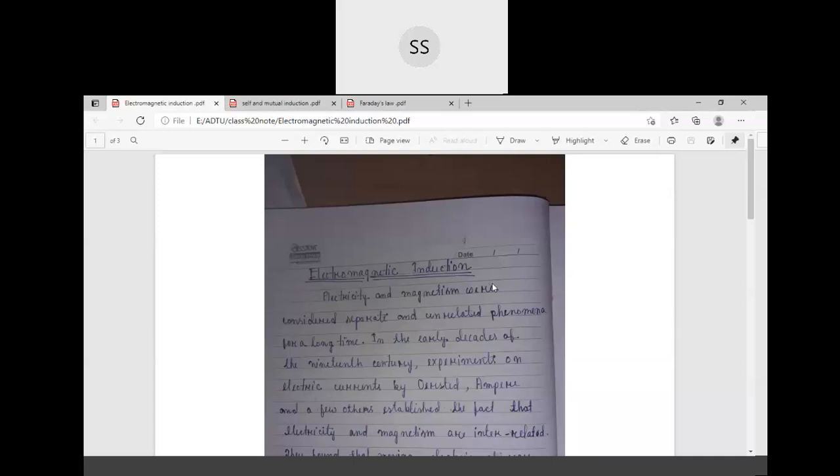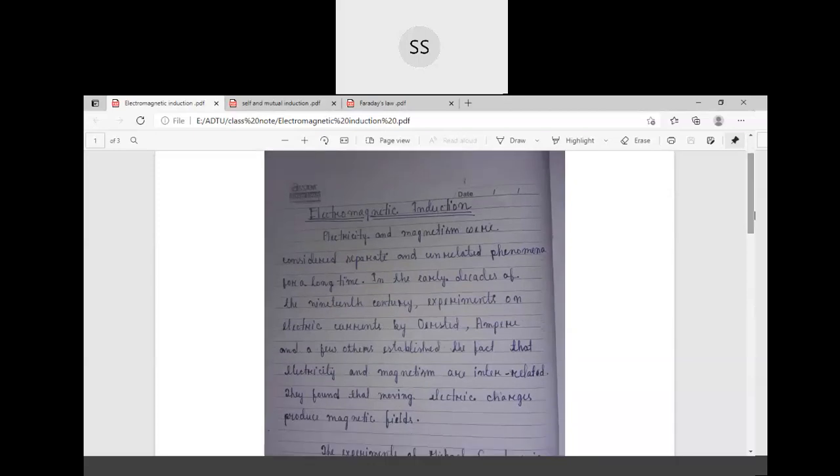In the early decades of the 19th century, experiments on electric currents by Ørsted, Ampere, and a few others established that electricity and magnetism are interrelated. They found moving electric charges produce magnetic field. So, not only do moving electric charges produce current, they also produce magnetic field.